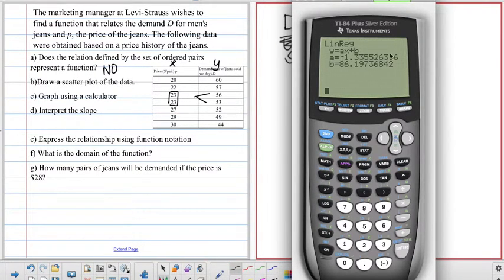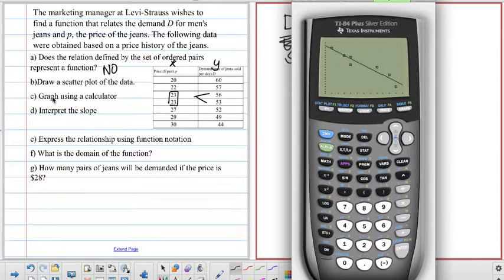Our a is our slope, our b is our y-intercept. So we already know the line, and we can go to y equals, where it shows us what our line looks like. We can go to zoom 9, and now we have our data plotted and our line drawn. So we can see about what that looks like.